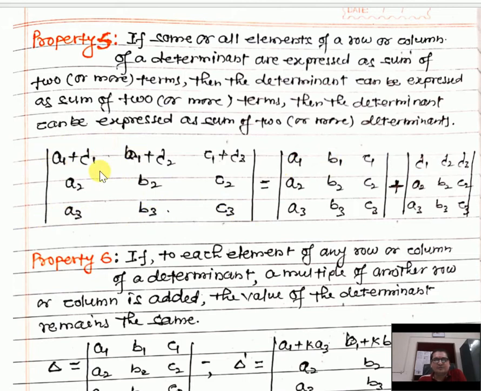Look at here, r1 is written as a sum, so you can express it as the sum of two determinants.